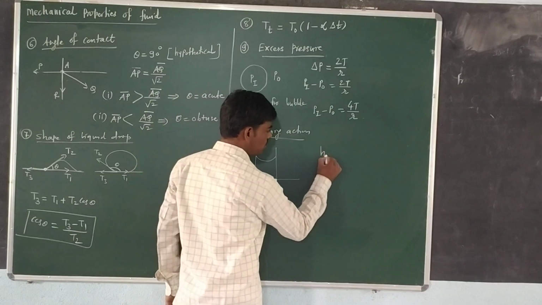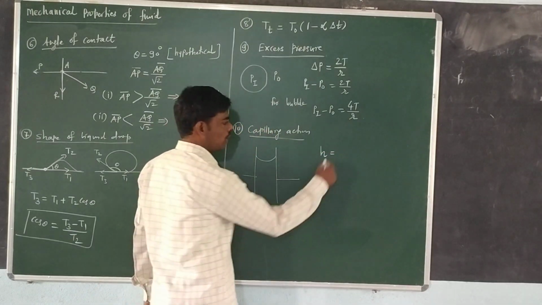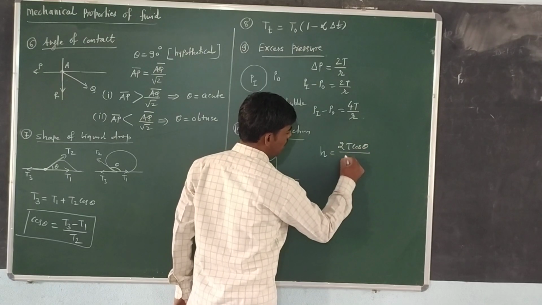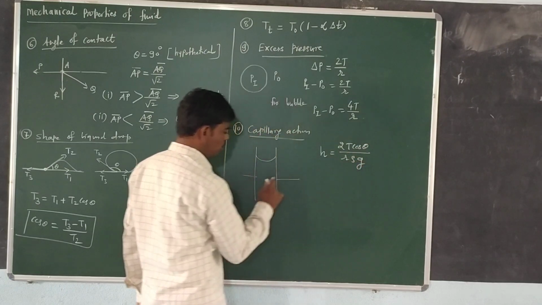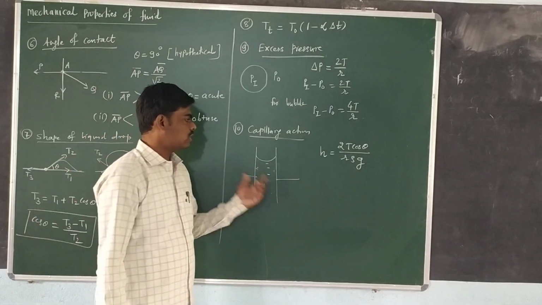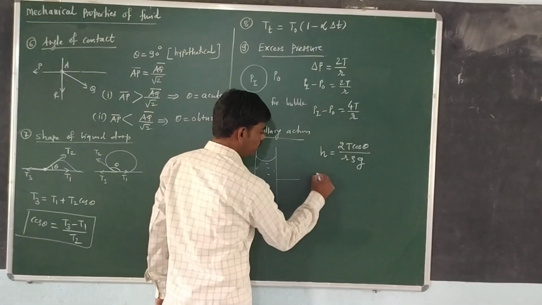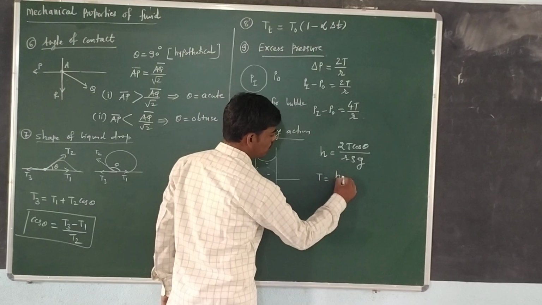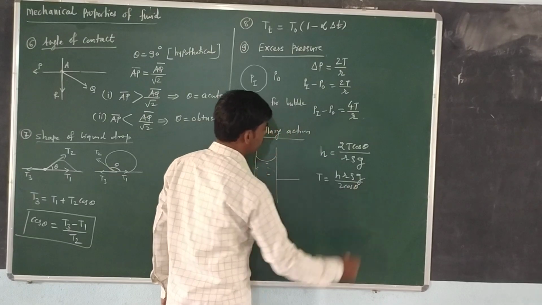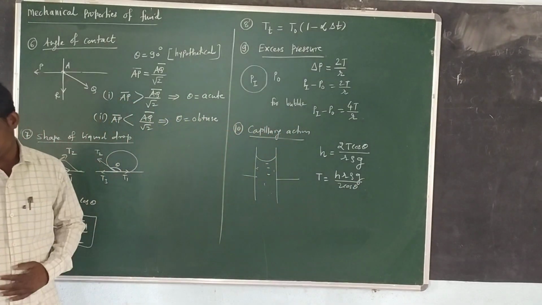This height h is given by the formula 2T cos theta upon R rho g, where rho is the density of the liquid and R is the radius of the capillary. From this we can find the surface tension T is equal to h R rho g upon 2 cos theta. This is for capillary action.